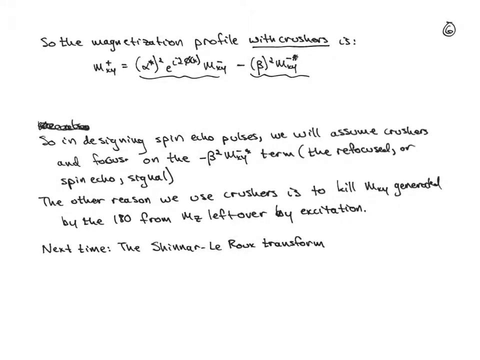So then overall, the magnetization profile with crushers turned on is given by Mxy plus is e to the i 2 phi of x, that's 2 times the phase induced by each crusher, times Mxy minus times alpha squared complex conjugate, minus beta squared times Mxy minus complex conjugate. And what we call this is the crushed term.